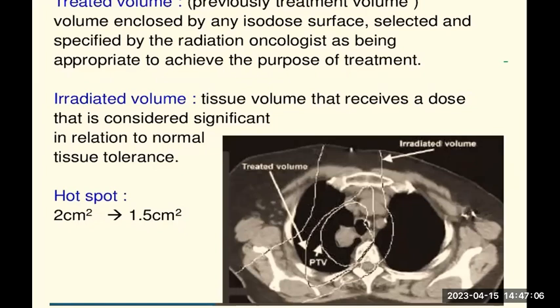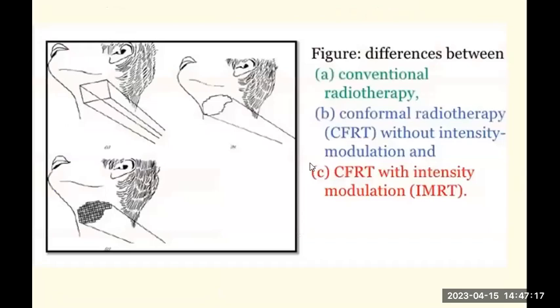That is the way the oncologist will plan so that the tumor will be under the radiation. This is just to show the difference in how things are marked. First is conventional radiotherapy. There is no idea about the tissue area.